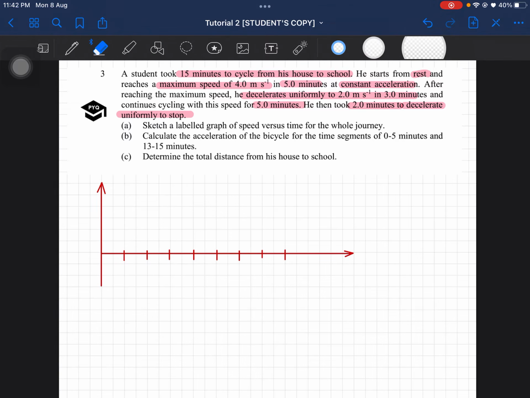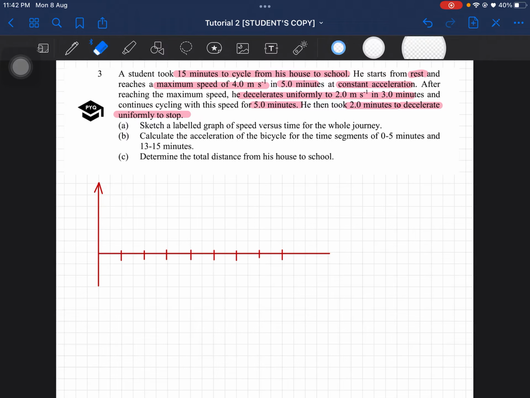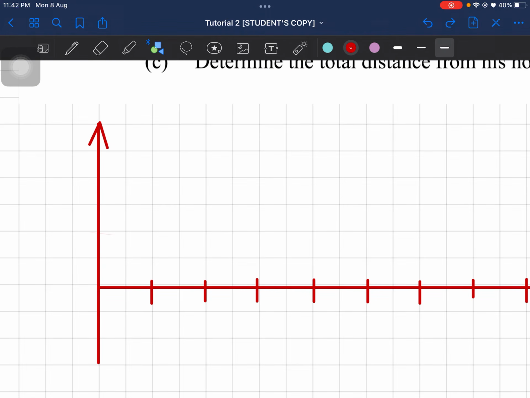Okay, so that is the time for his whole journey. Okay, and then we have the maximum speed, which is 4 meters per second. So we can do 1, 2 here, 2, and then 4.